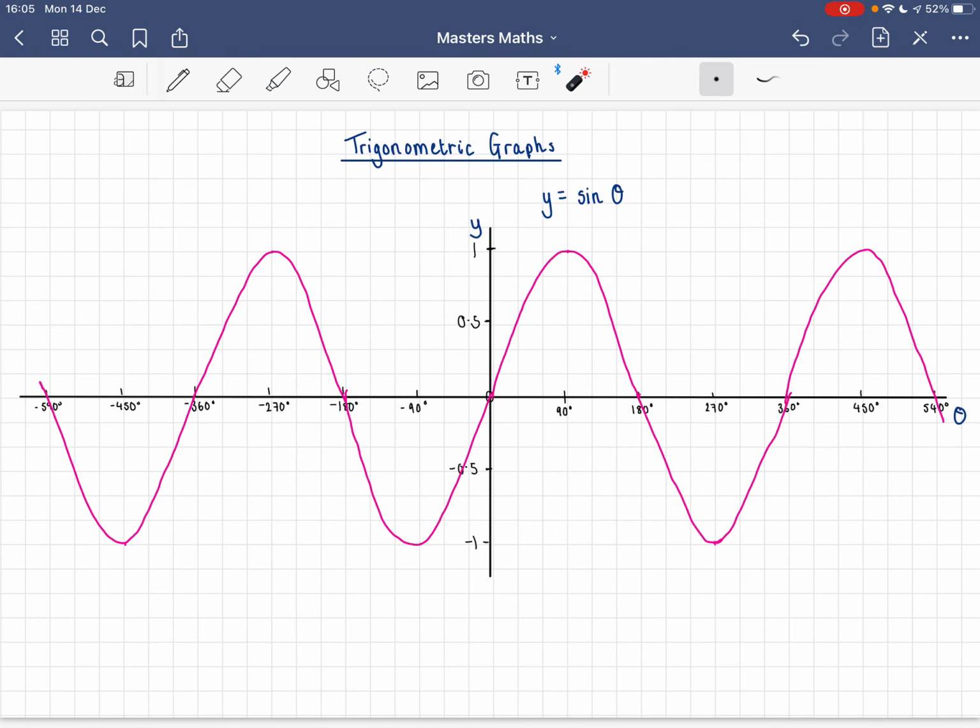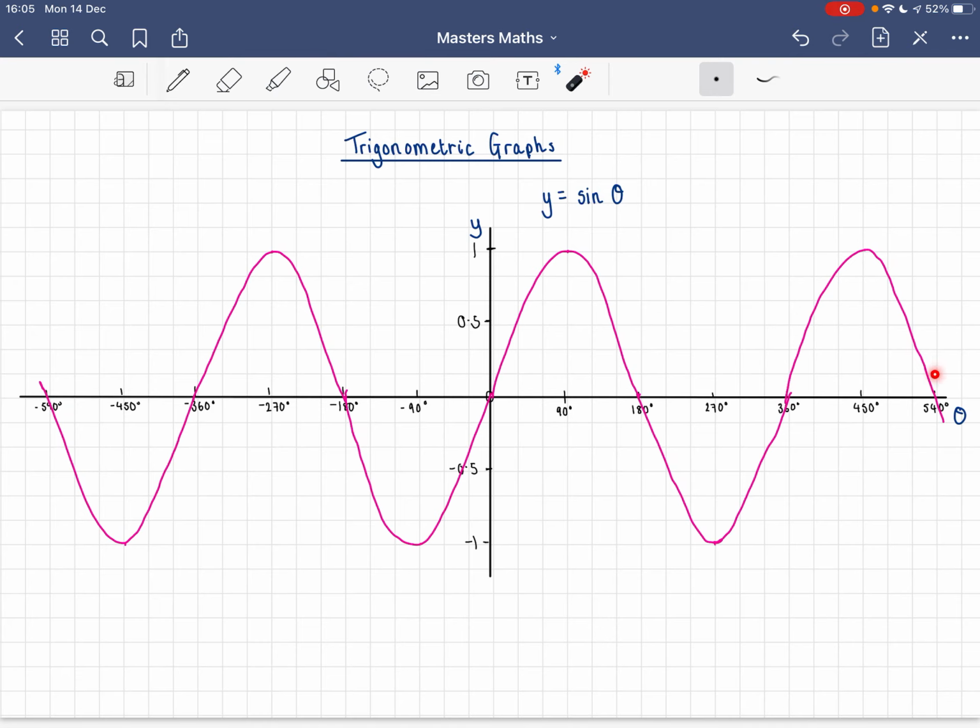You can see that it's a wave. For sine, it starts at 0 and goes up, and then kind of completes the full wave by the time it gets to 360. So it goes in a repeating pattern of 360 degrees.